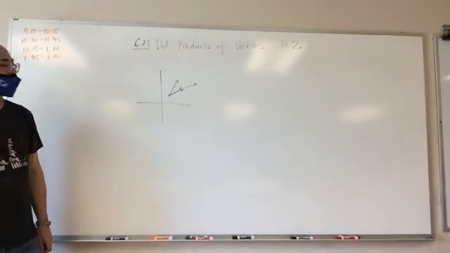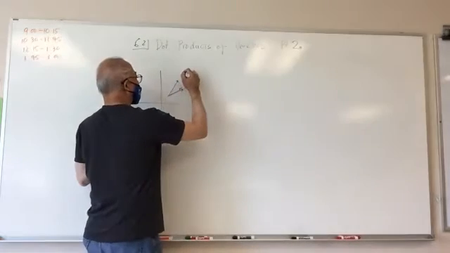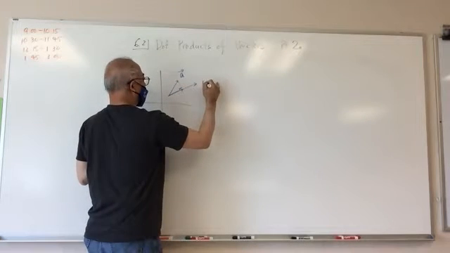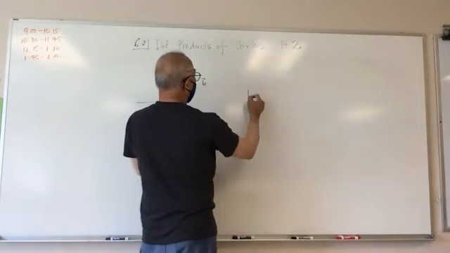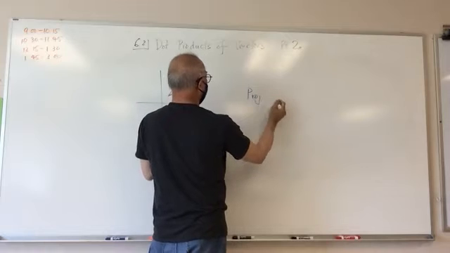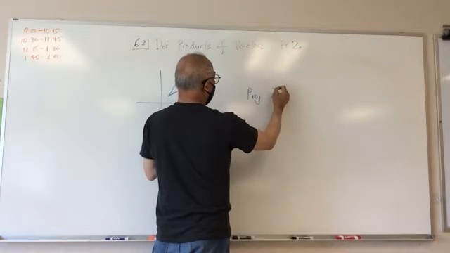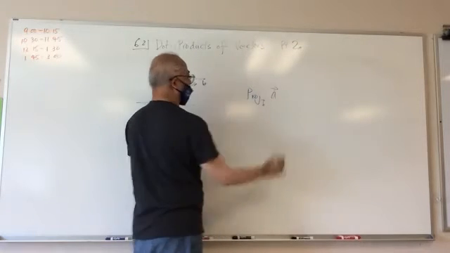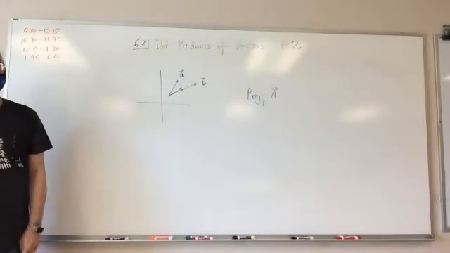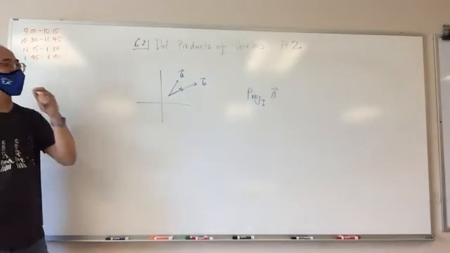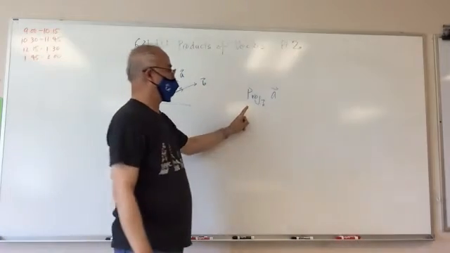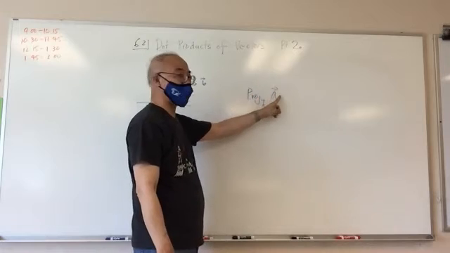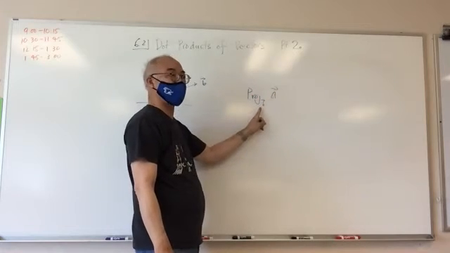If we call this vector A and this B, we are going to project A onto B. Make sure you get this nomenclature straight. So you are projecting A onto B.